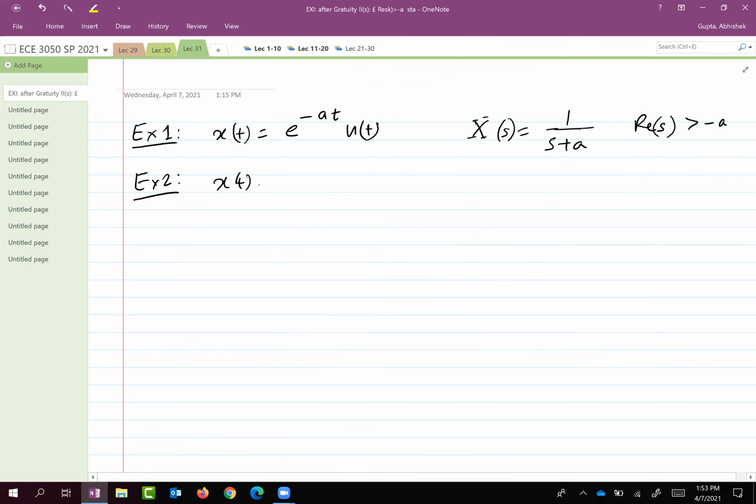Example 2 was xt equals minus e raised to minus at u minus t. And the Laplace transform is the same function, 1 over s plus a, but the region of convergence is real part of s is less than negative a.